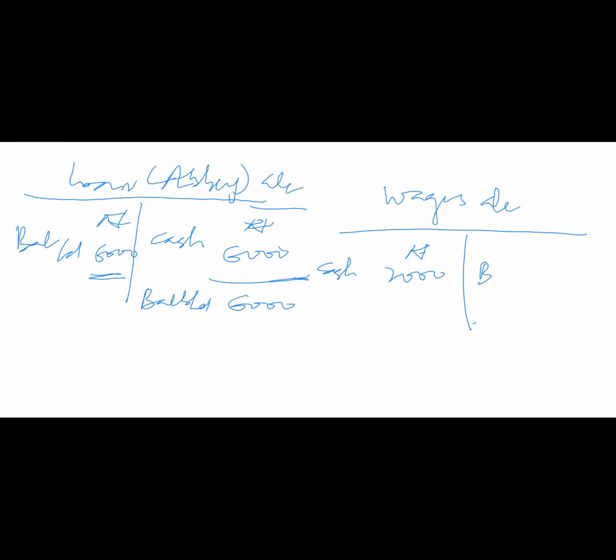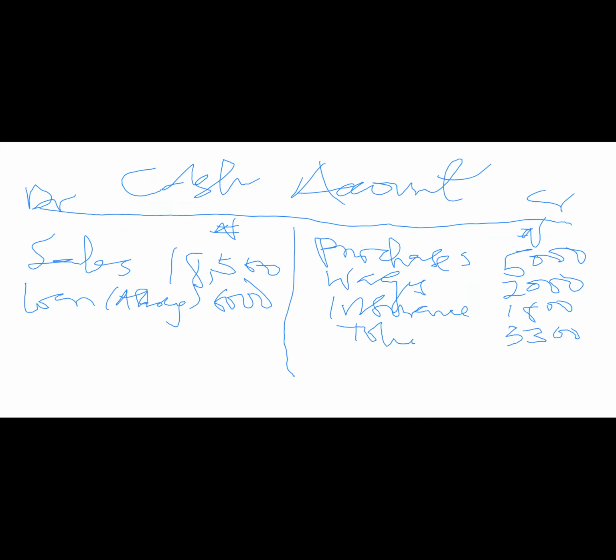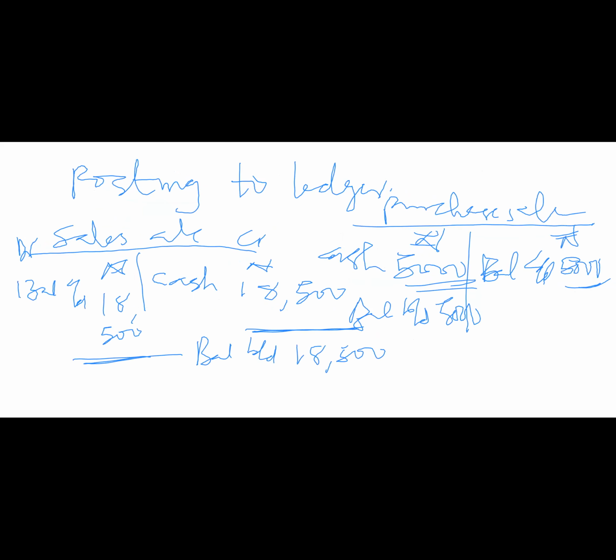Then we have the balance CD of 2,000 naira, then the balance BD of 2,000 naira too. The next one is insurance. So we can prepare insurance accounts.